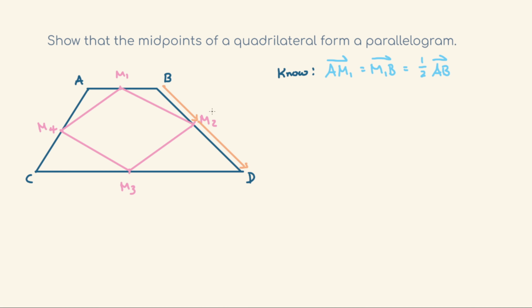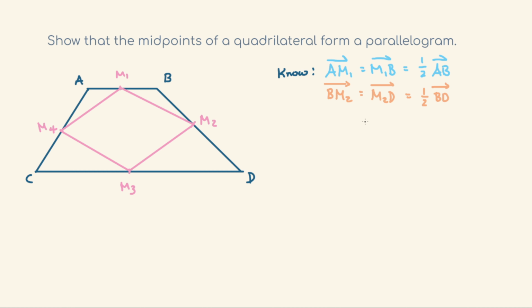And each of these vectors is going to represent half of this vector right here, from B to D. So we can write that out as well. The vector B to M2 is equal to the vector M2 to D, and each of these is equal to half of the vector from B to D, that total vector right there.